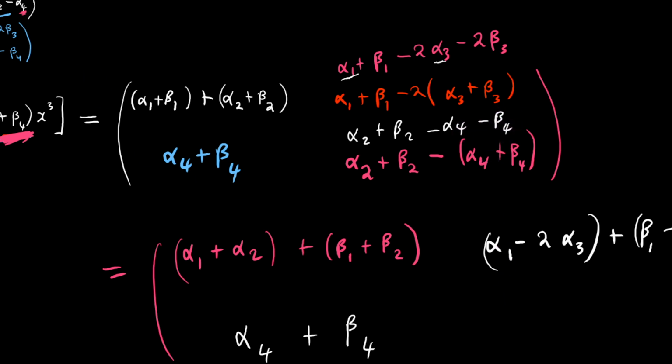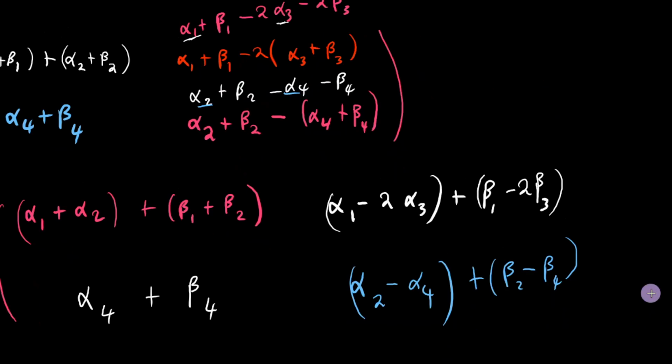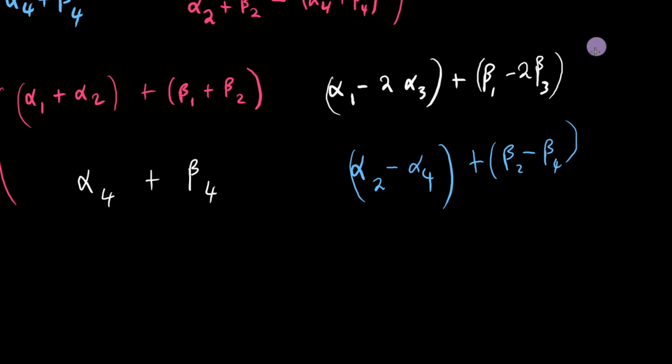So this will be written as alpha 2 minus alpha 4, the like terms, plus beta 2 minus beta 4. Okay, so this will be the transformed matrix.